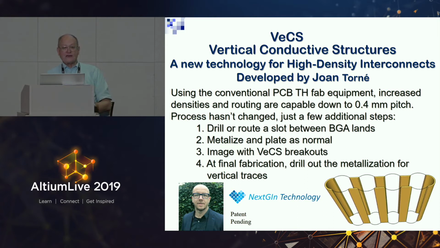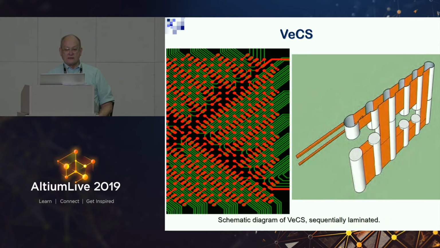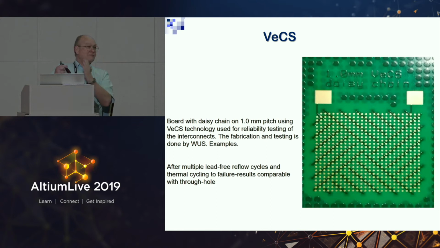But this is lower cost and high density. So I threw that in there because this is gaining more and more momentum in North America because of the low-cost nature and the high reliability. But the vertical one is that we create a slot in the PC board, and when we plate the slot and then drill it out, we use the vertical wall to connect to our inner layers rather than a hole.